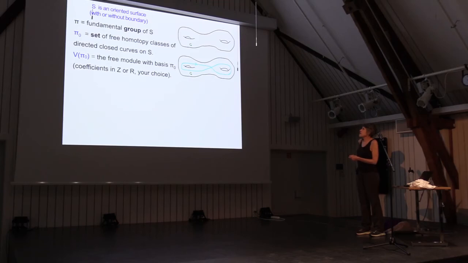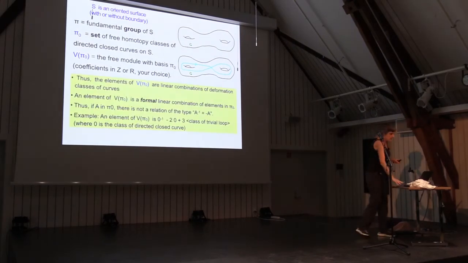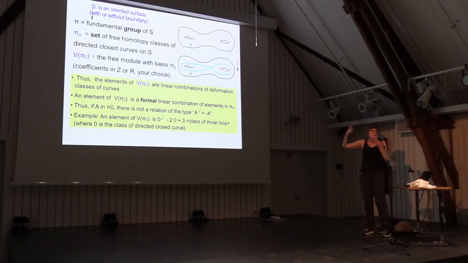And here I point out, we know very well the fundamental group, but the free homotopy classes is a set. And we're going to take linear combinations of elements in that set. Formal linear combinations, so we all tend to think that the -1 of an element is minus the element. No, these are 2 different elements.